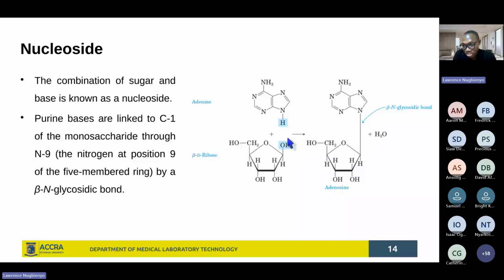Now, remember that at this point, a nucleotide is not yet formed. What we have here now is what we are referring to as what? Nucleoside. So there's a difference between nucleoside and nucleotide. Remember we said a nucleotide is made up of 3 components: a pentose, a nitrogenous base, and a phosphate group.